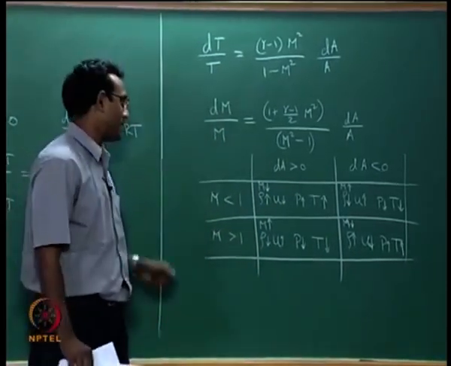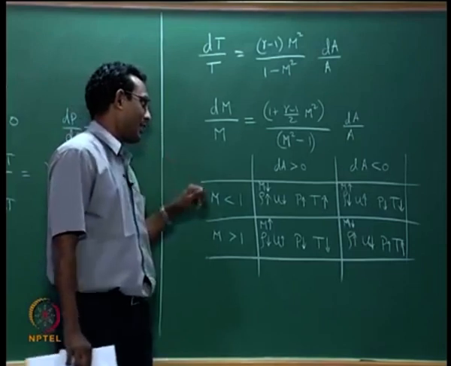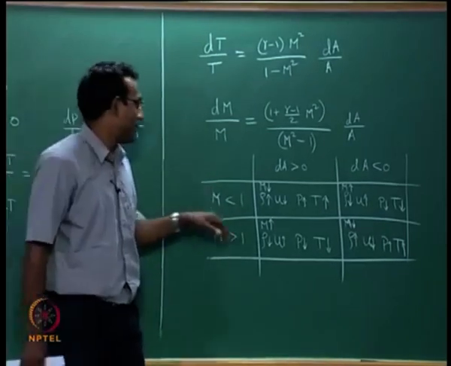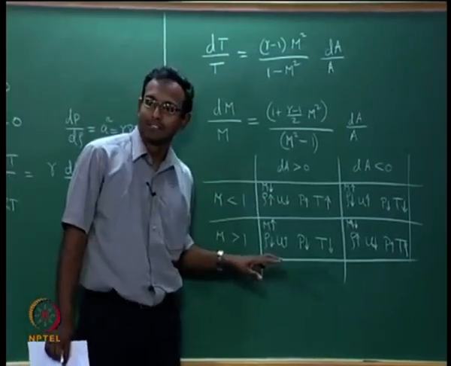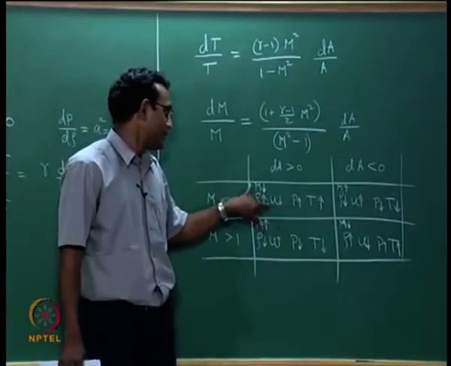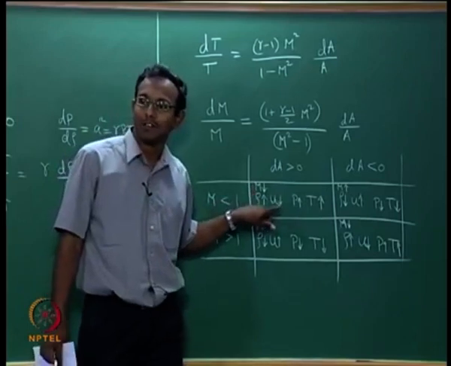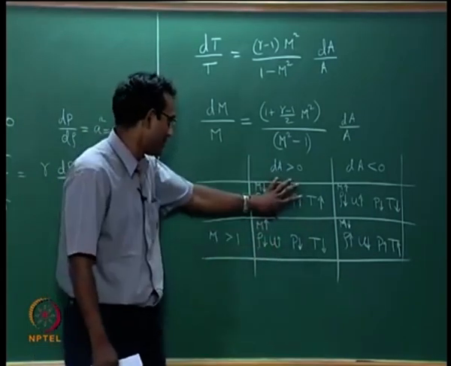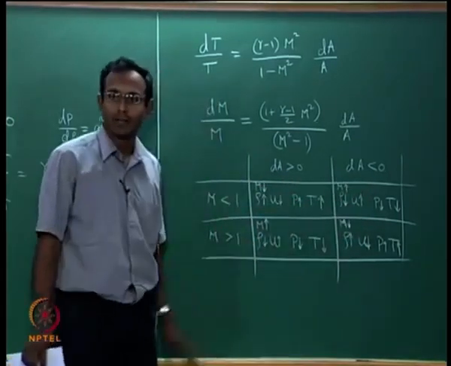Okay. The main idea is you have to just get used to it. I will just tell you a simple way to think about it. P, rho and T will always go the same direction, U will be the opposite direction. U will go the same as M, U and M will go one way, P, rho and T will go the other way. Okay. In any of these blocks if you look at, that is what will be happening there.